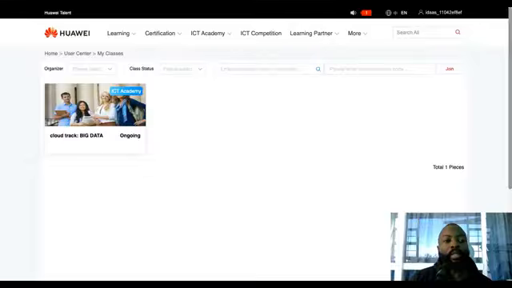Oh, I realized that it's not sharing the right screen. Sorry about that. So after this page here, when you click there, you're going to move to the next page, which is going to tell you to enroll.